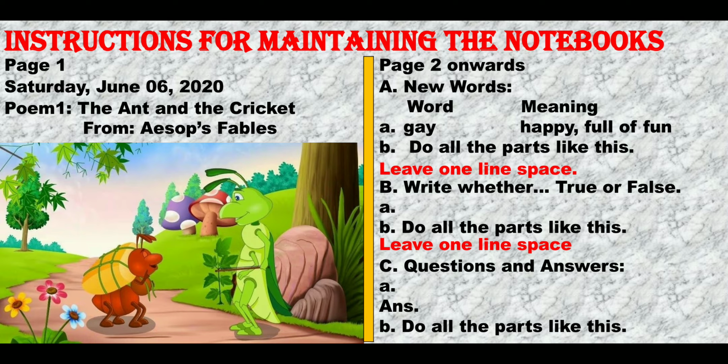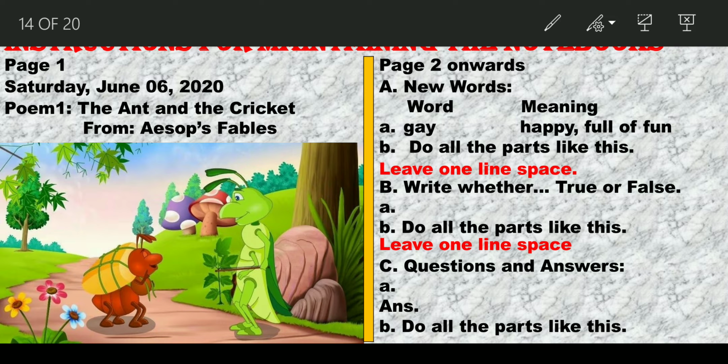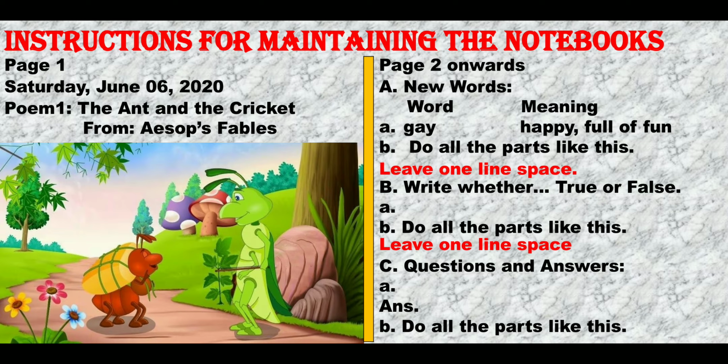The exercise. Then from the next line, start writing the words and meanings. Before that, write new words at the top. Then leave one line space after completing the new words.